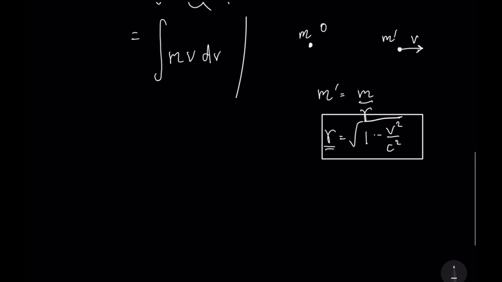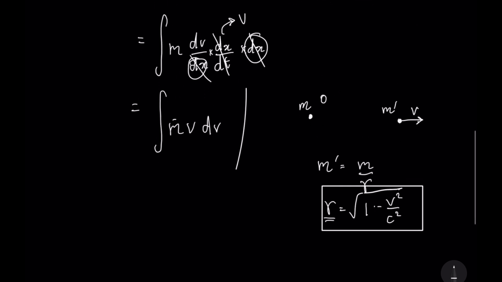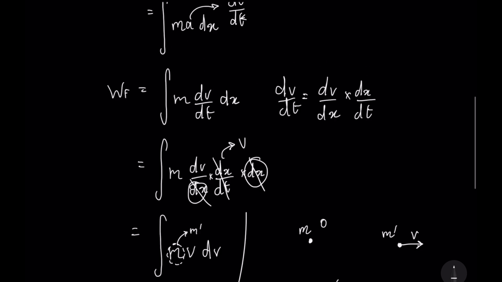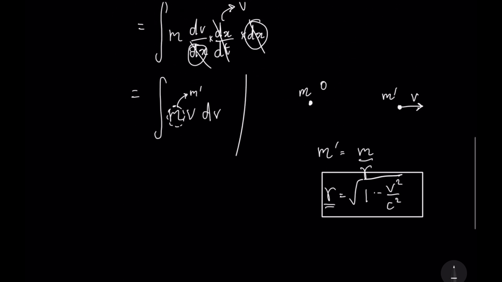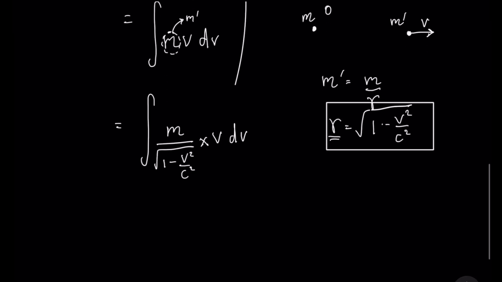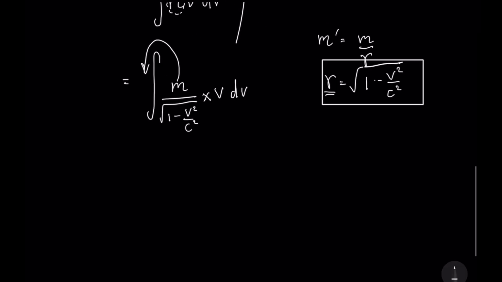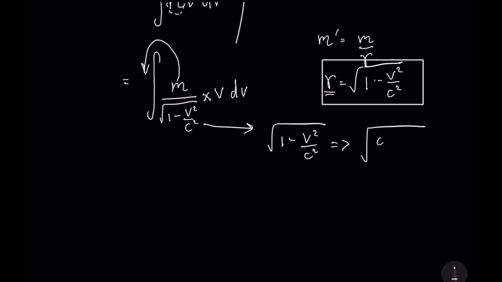Now if we input this, you can notice that this m we are talking about is actually m dash, because we are talking about the mass during motion. So we can just input that. Now using the rules of integration, we can take out m and we can simplify root of 1 minus v² by c² as root of c² minus v² by c², using the LCM, which just becomes root of c² minus v² by c.